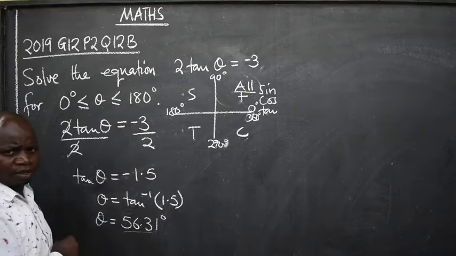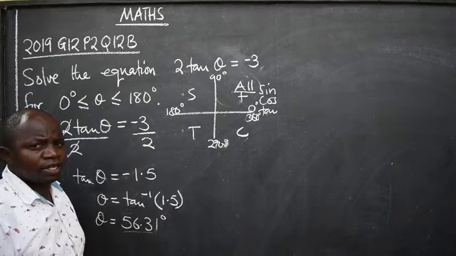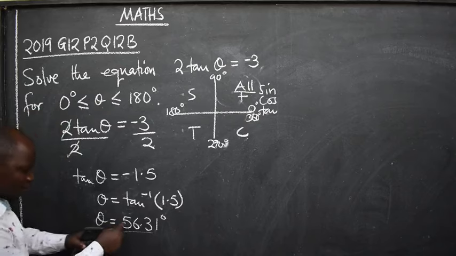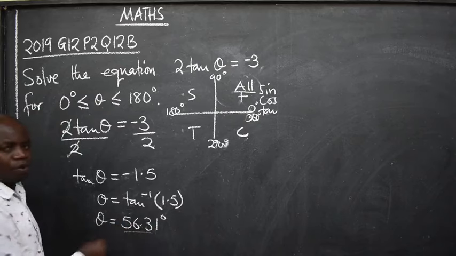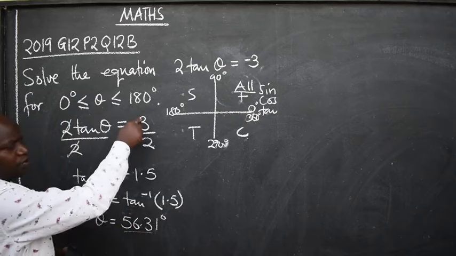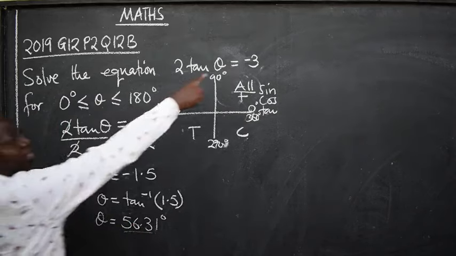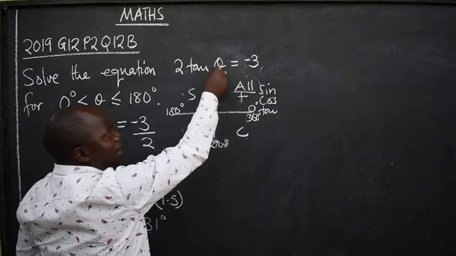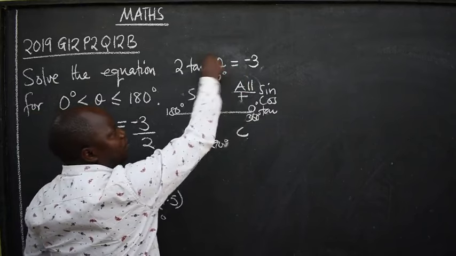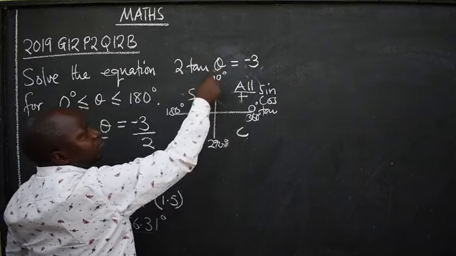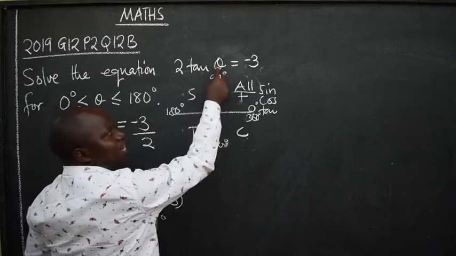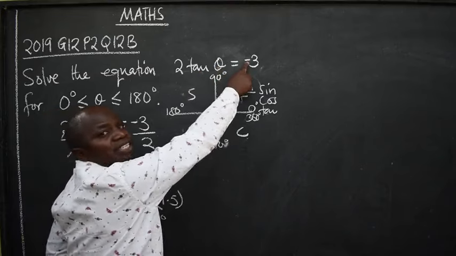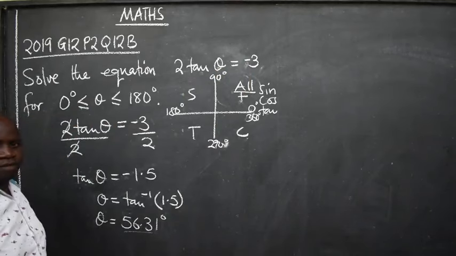You use your calculator and test. When you say tan 56.31, you will find the positive value. But the question has a negative. We need to substitute a number here so that when you say tan of that number, you get a negative, not a positive.